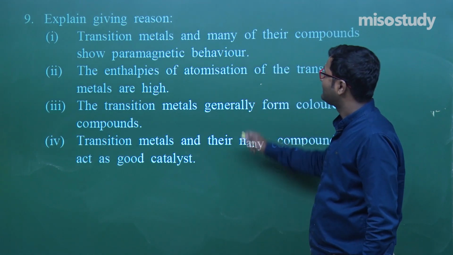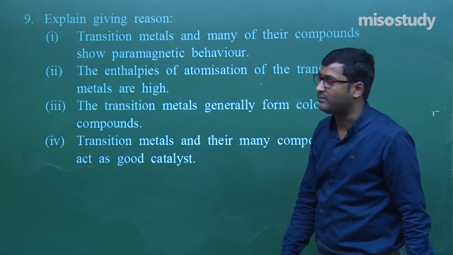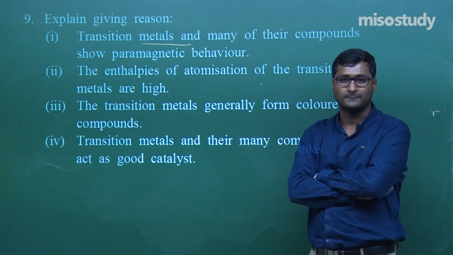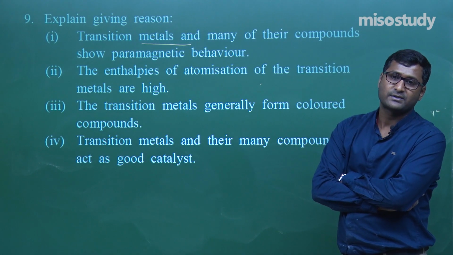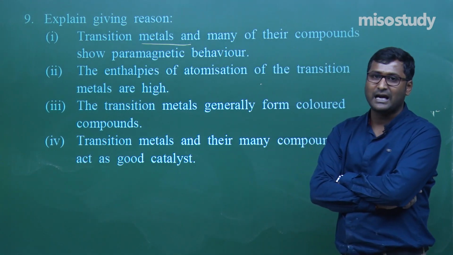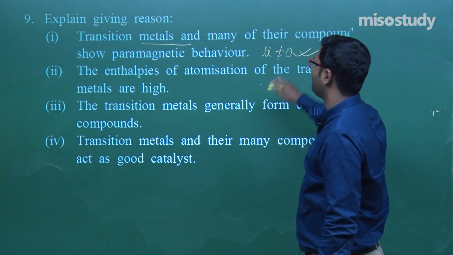What is given? The transition metals and many of their compounds show paramagnetic behavior, because transition metals have partially filled d subshell. If transition metals have partially filled d subshell, that means to say they contain unpaired electrons. If they have unpaired electrons, that means to say they have a certain value of magnetic moment.